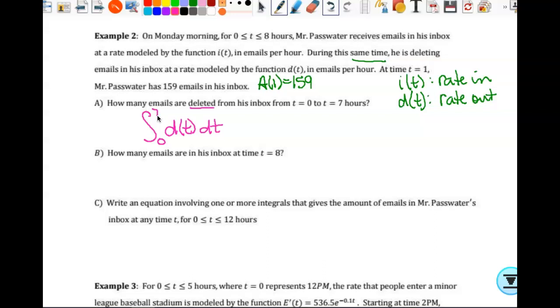Okay. So then it says how many emails are in his inbox at time t equals 8. So I want A of 8, right? What is the initial amount we have? 159, okay? So to that we're going to add, yes, go ahead.